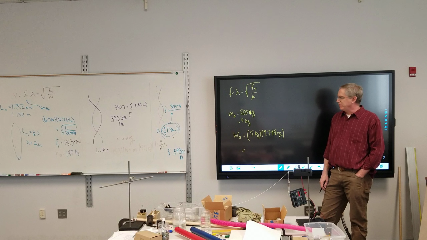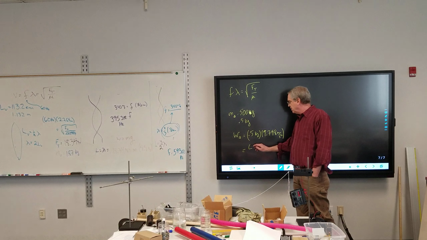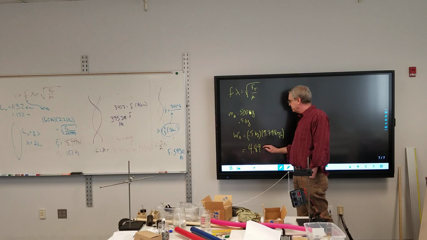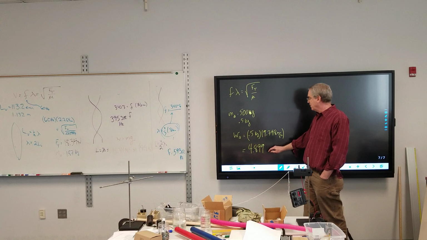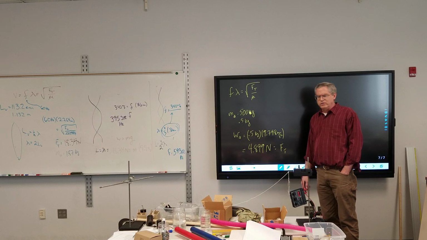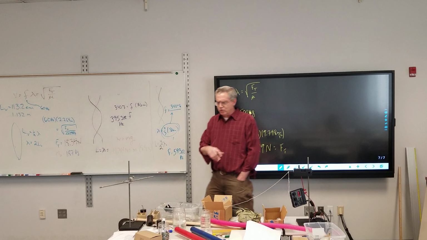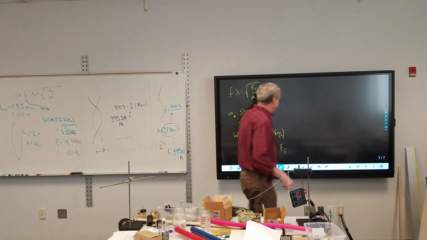And someone's going to reveal the answer. 4.899. Yeah, that's also equal to the tension. These masses weren't moving a whole lot, so close enough to equilibrium for what we're doing.